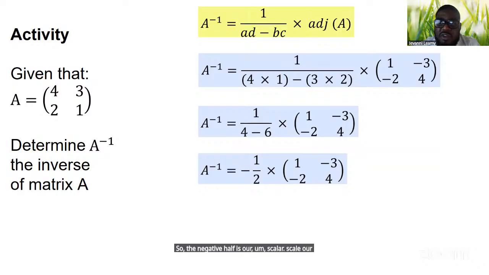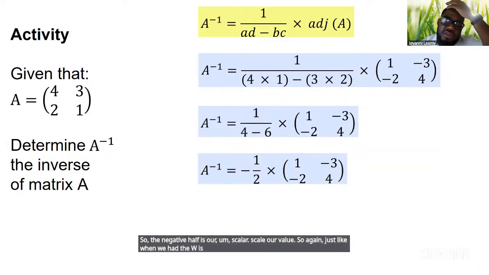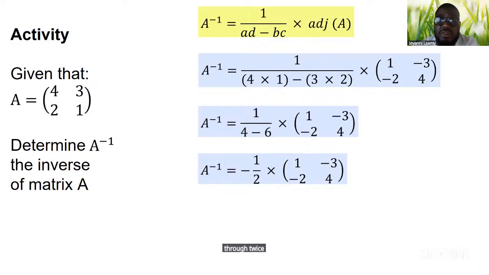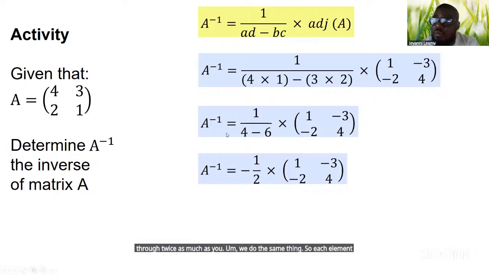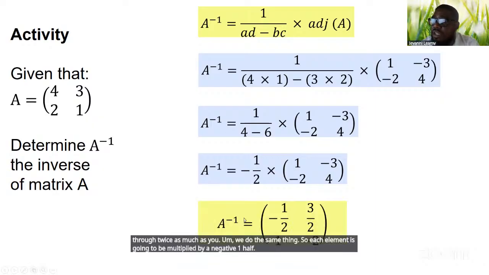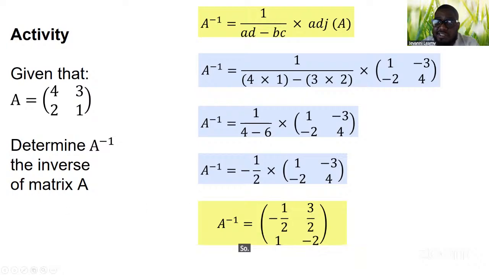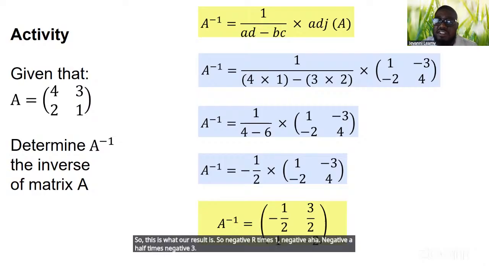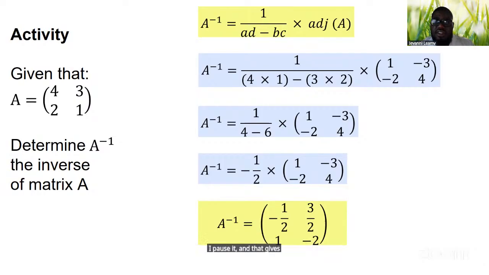Just like when we had W equal to 2U, matrix W equal to twice matrix U, we do the same thing. Each element is going to be multiplied by negative a half. So negative a half times 1 is negative a half. Negative a half times negative 3 is a positive, and that gives you 3 halves.